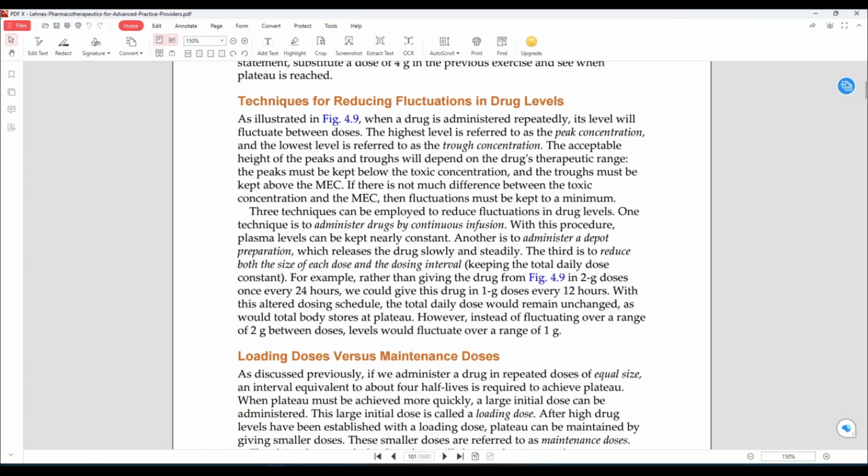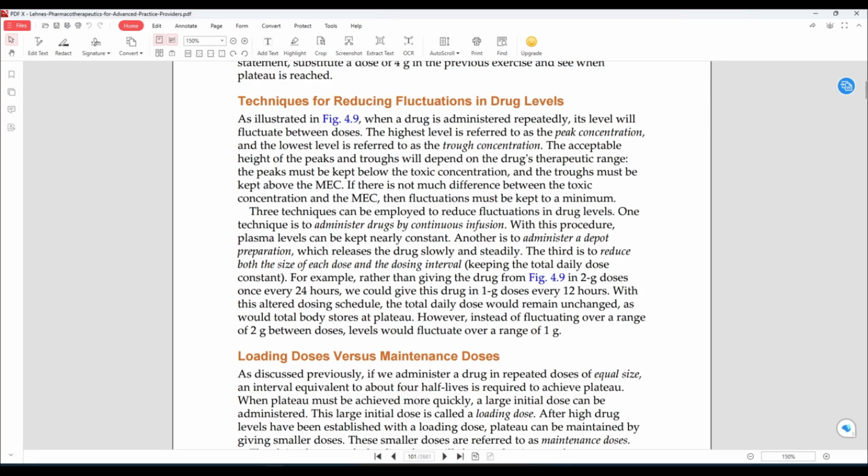Techniques for reducing fluctuations in drug levels. As illustrated in figure 4.9, when a drug is administered repeatedly, its level will fluctuate between doses. The highest level is referred to as the peak concentration, and the lowest level is referred to as the trough concentration.